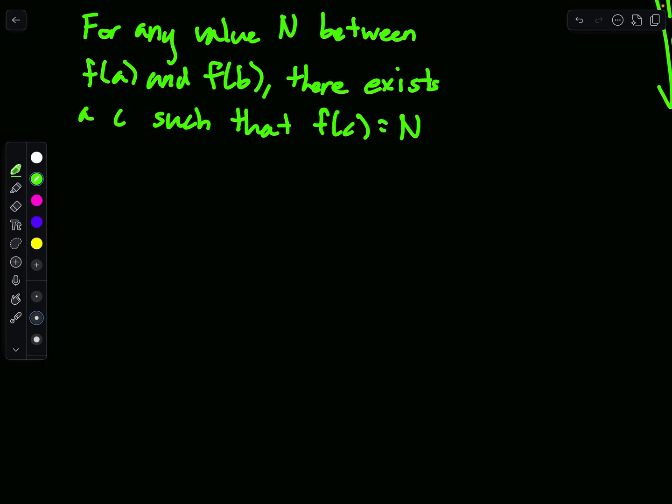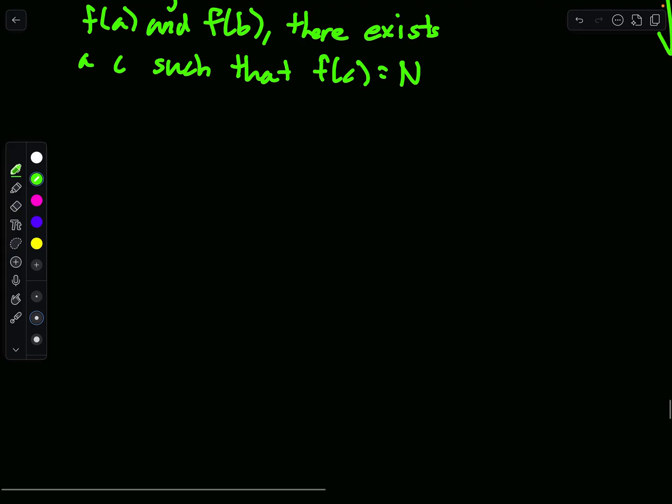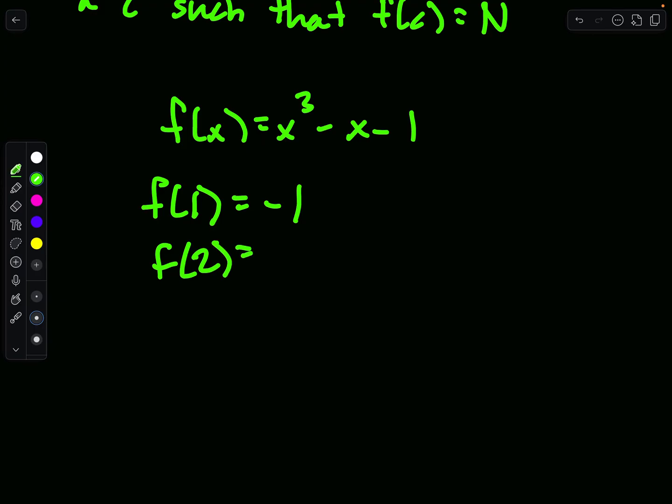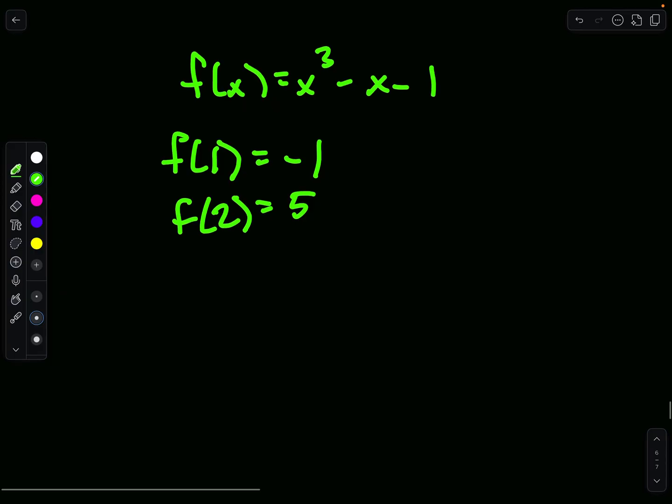Now let's look at an application example. Let's say f(x) equals x cubed minus x minus 1. We evaluate f(1) equals negative 1, and f(2) equals 5. Now this function is continuous because it's a polynomial, but you can see that the values switch sign.